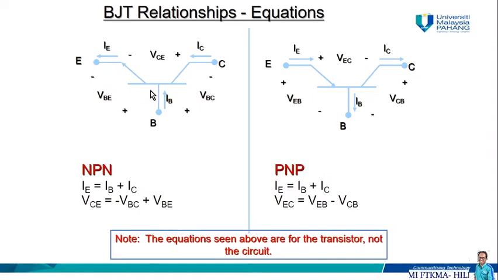So we can define the currents IB, IC and IE, and then we can also define the voltage across the terminals.